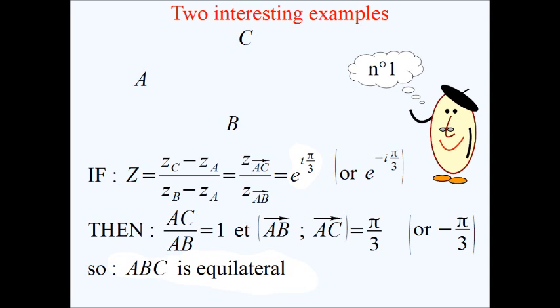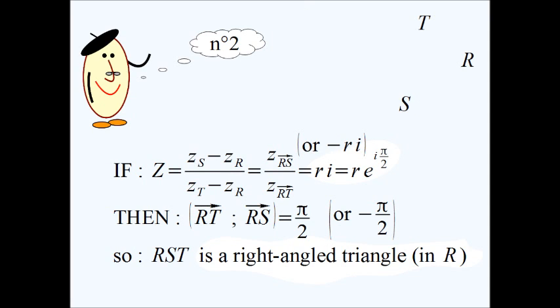Two examples. The first, to prove a triangle is equilateral: the moduli are the same, and the angle is pi over 3.